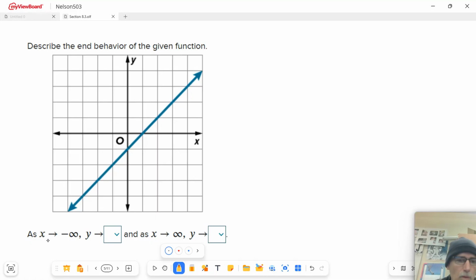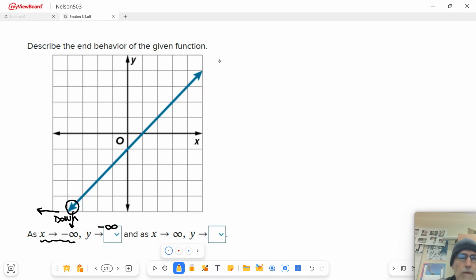When it has this little notation right here, it means focus on that arrow right there. Focus on this arrow. What is it doing? Well, it's going down, right? That down means it's going to go to the left forever. That's what this is implying right here. As X goes to the left forever, it's going to go down forever. So the Y is going to go to negative infinity. So we're going to look for negative infinity there.